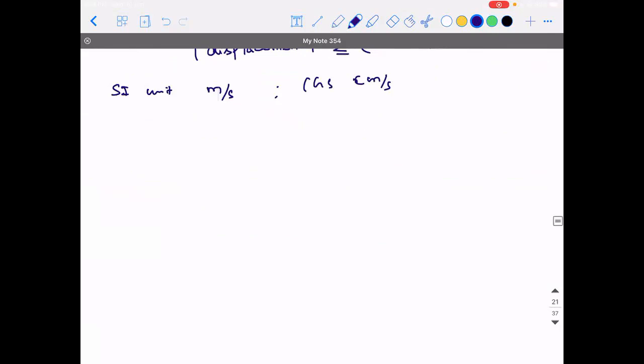Okay, next. So what is the counterpart of speed in vector? Velocity. It is velocity. So how do you define velocity? Rate of change of displacement is what we call velocity.